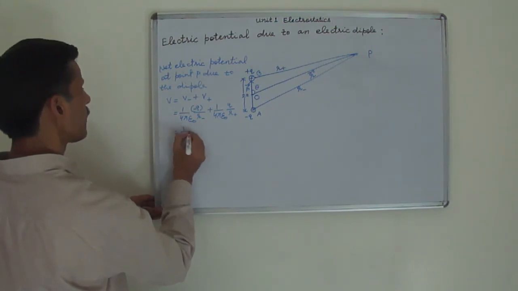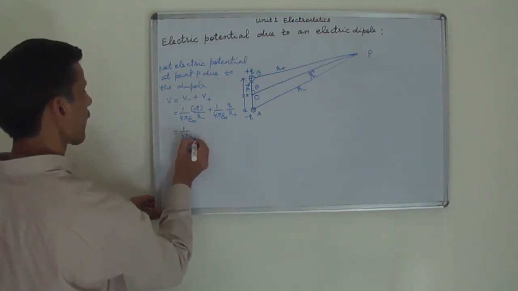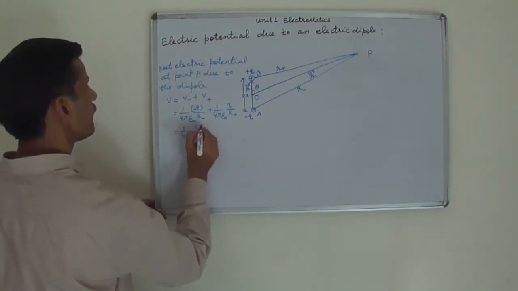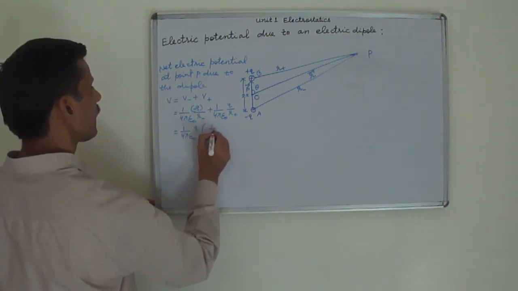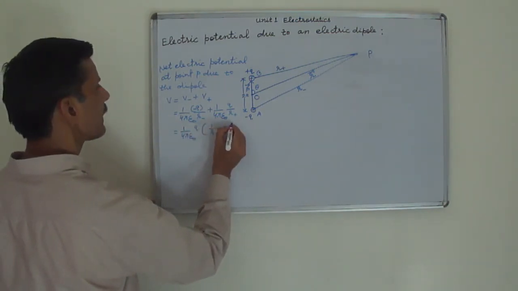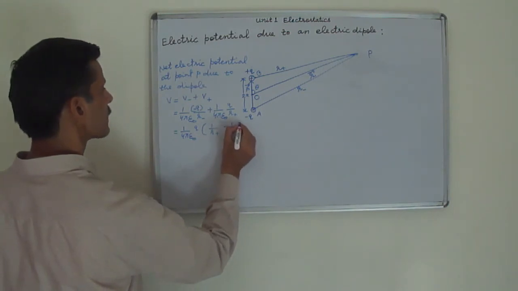So it is equal to 1 upon 4 pi epsilon naught Q, 1 upon R plus minus 1 upon R minus.